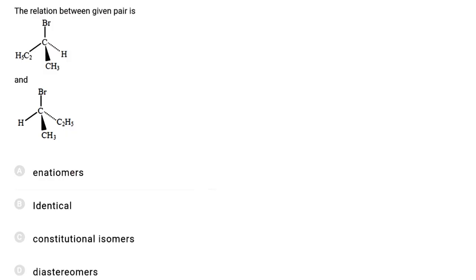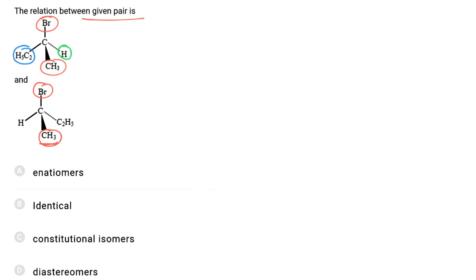In this question we have to find the relation between these two given pairs. Now in these two compounds, the positions of CH3 and Br are fixed in both molecules. The only difference is that the positions of hydrogen and C2H5 are exchanged. In the first case hydrogen is present in a dash line while C2H5 is present in the plane of paper.